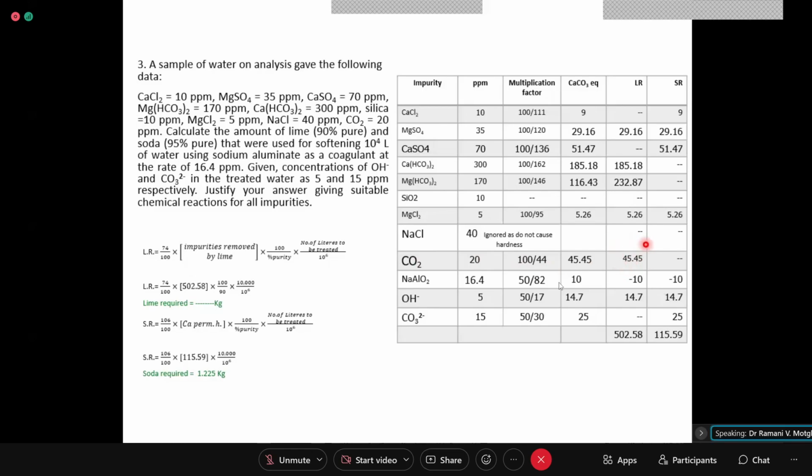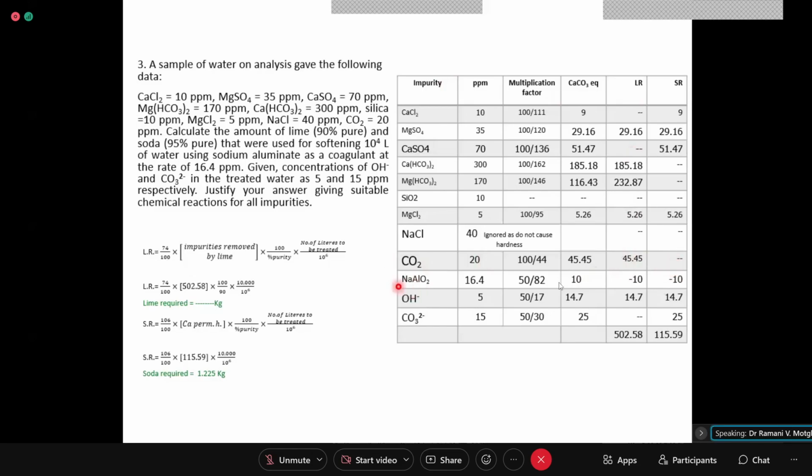And that is why it is added only in the lime required column and it is nil in the soda required column, because this is completely removed by lime and it does not incorporate any calcium permanent, as the calcium hydroxide added forms calcium carbonate here, and that calcium carbonate is removed. So the chemical reaction can also be written for that, and here it will be nil.